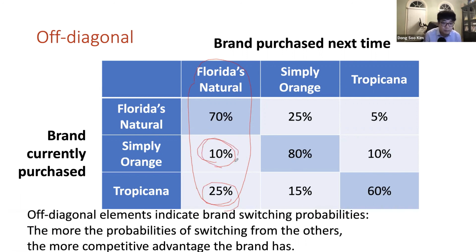This 10% means the probability of switching brand from Simply Orange to Florida's Natural, and this 25% means that from Tropicana to Florida's Natural. If those probabilities are high, then the brand has competitive advantage to steal the customer from the competitors.